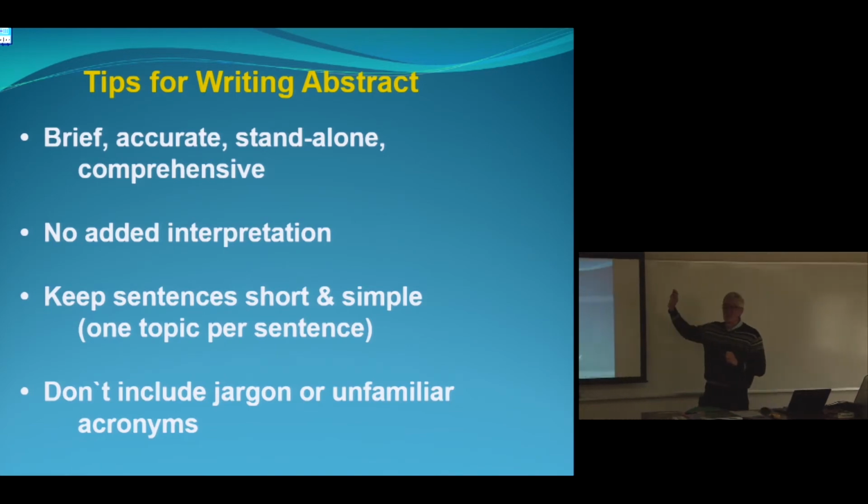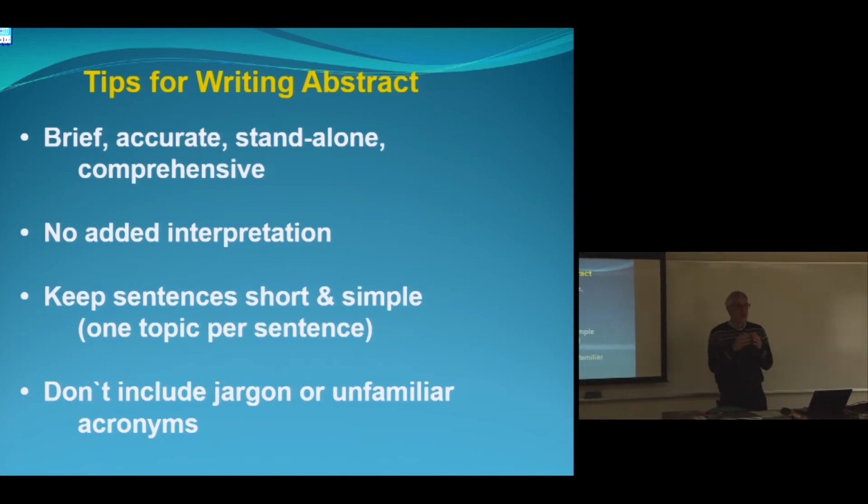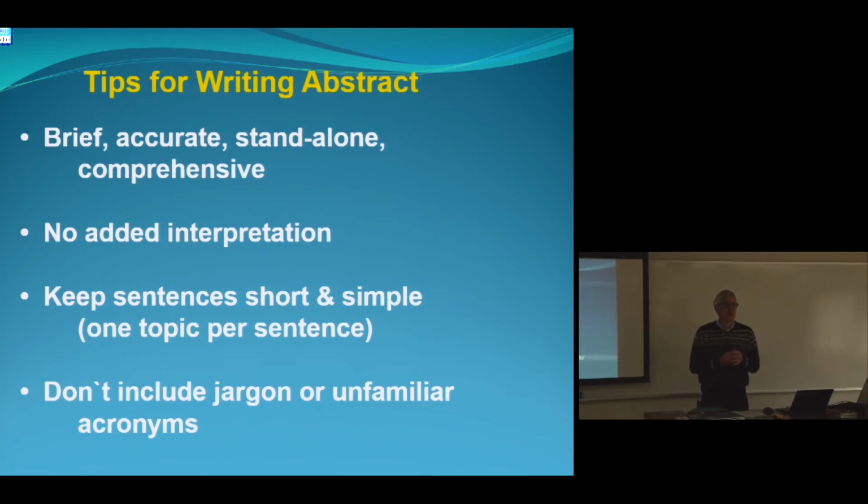Because, as I said at the start, an abstract is your gateway for the people to discover your research. And when an editor or a reviewer or a potential reader are thinking about reading your paper, they are first going to look at the title and the abstract.